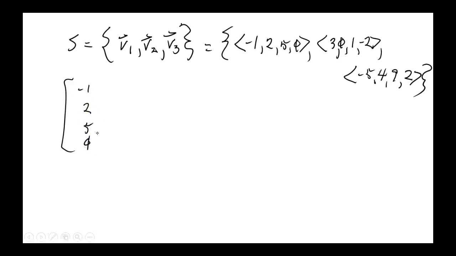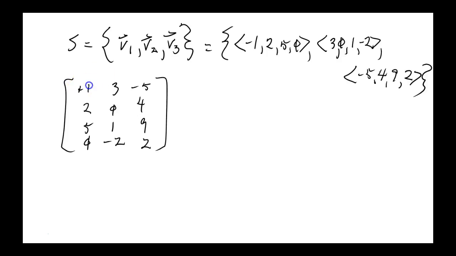I don't know why the book hasn't addressed this yet. Because vectors are written in columns. Column vectors, yeah. Write it as a matrix, with those things in columns. And then let's see if we can row reduce.